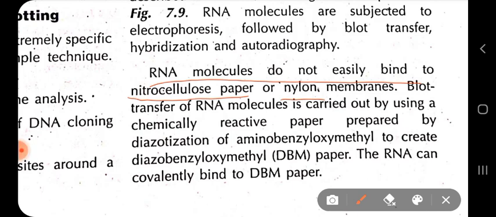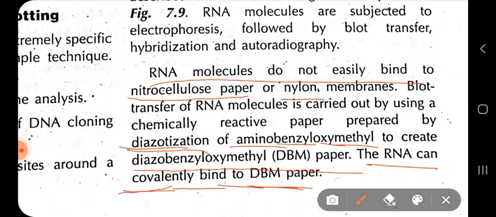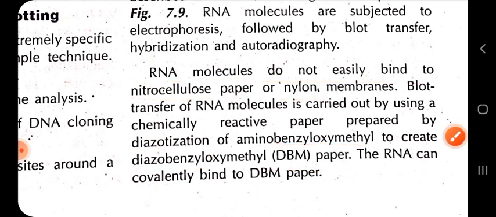We will use this paper called diazobenzyl oxymethyl filter paper, which is prepared by diazotization of aminobenzyl oxymethyl to create this DBM, this diazobenzyl oxymethyl paper. RNA can very easily bind covalently to this diazobenzyl oxymethyl paper.